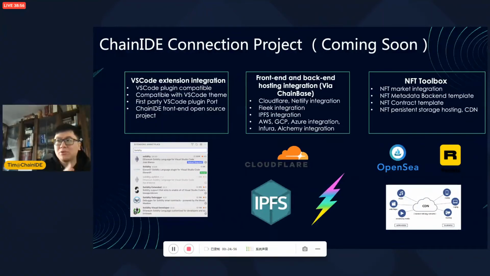We want to make it very quick and easy, and Chainbase will be integrated with CDNs like Cloudflare, Netlify, storage like Fleek, IPFS, or centralized storage like GCP and AWS S3. And for computation power, we also integrate with AWS, GCP, and Azure, and for blockchain nodes, we are integrating with Infura and Alchemy, right?